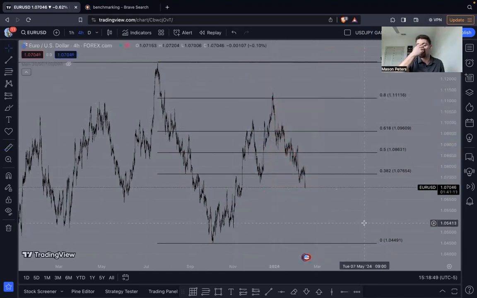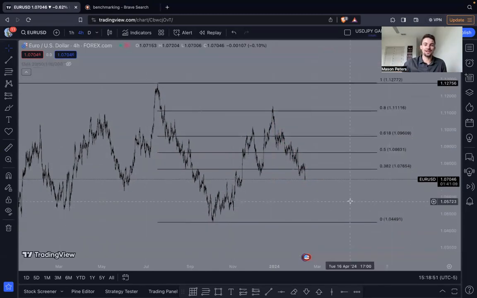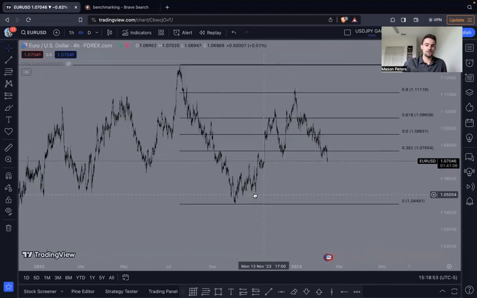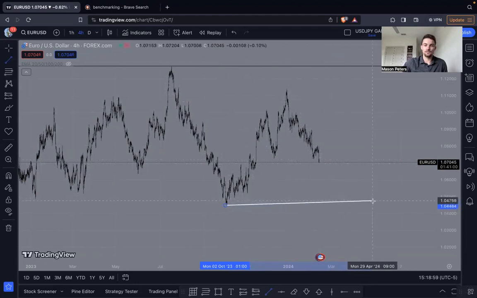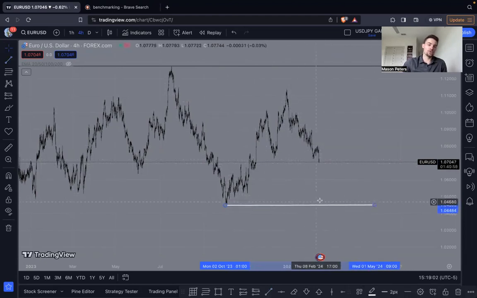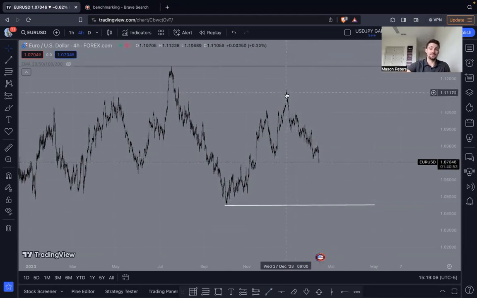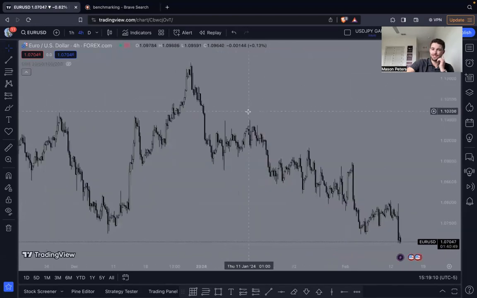Now think about it, right? Because we're in a downtrend, we're technically targeting this low. So if price came all the way back up to the 80 and then dropped, and remember, we're on the 4 hours, so that's pretty deep.